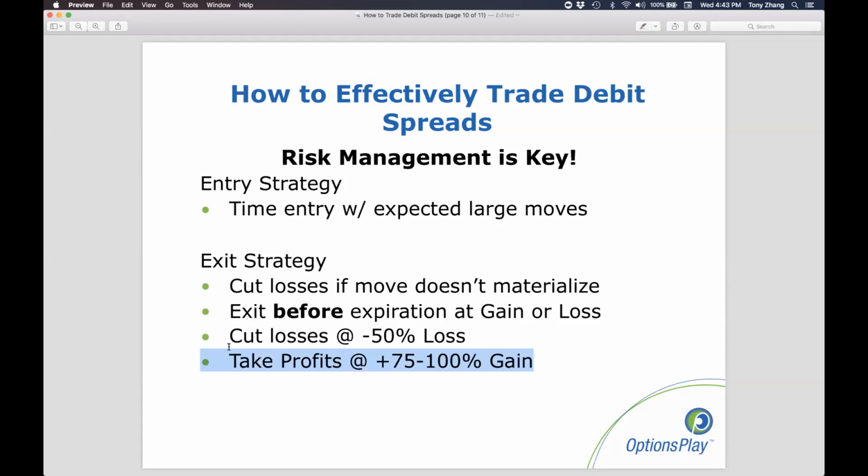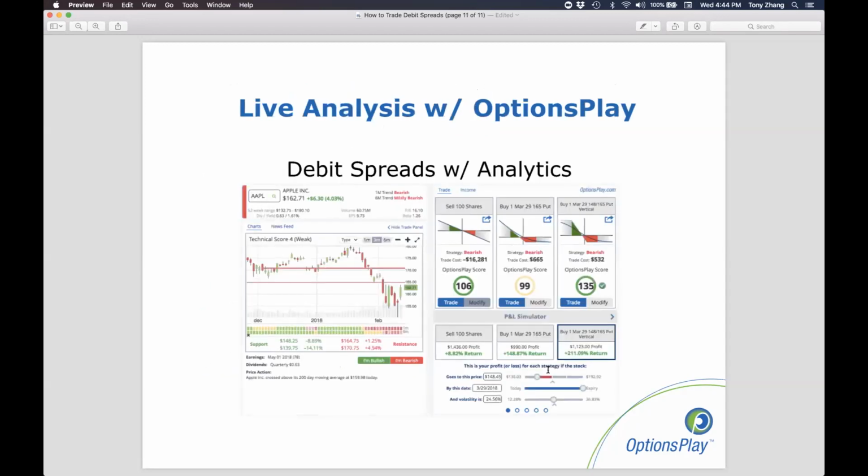If you're trading 10, 15, 20 contracts, you might want to take half of it off when you hit these types of targets, and keep another half on if you think the stock's going to continue moving in that direction, and try to go for that 200% gain. Take partial profits, at least around 75 to 100% gain. So those are the rules that you generally have when it comes to selecting debit spreads, when you should trade them and how to manage them.